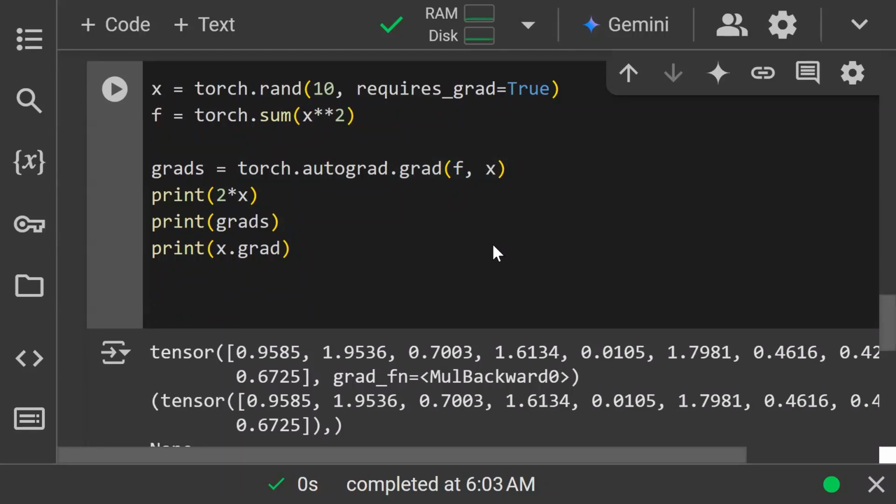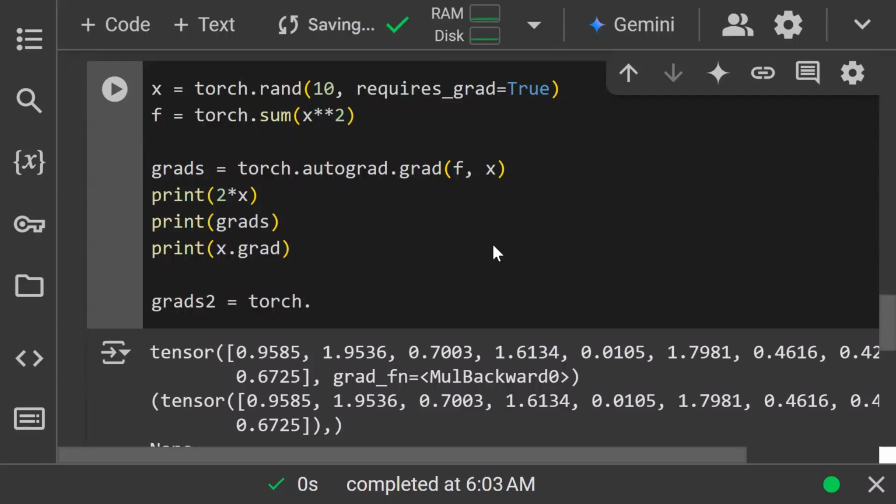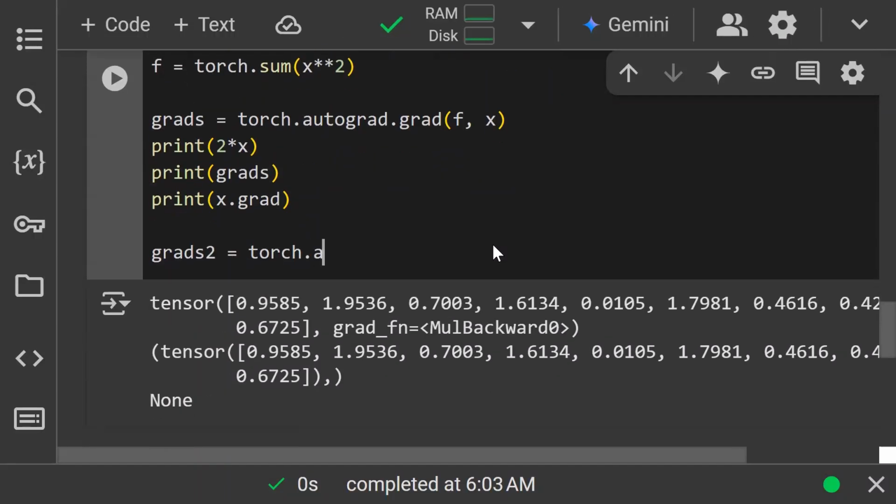Now this is where this becomes more useful.